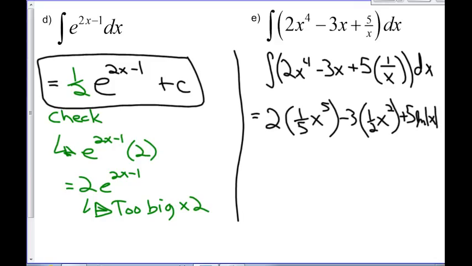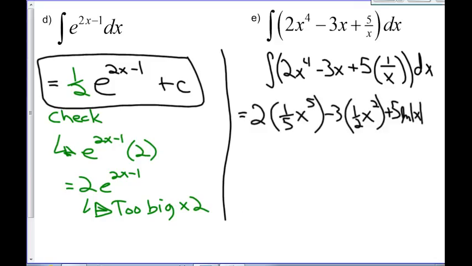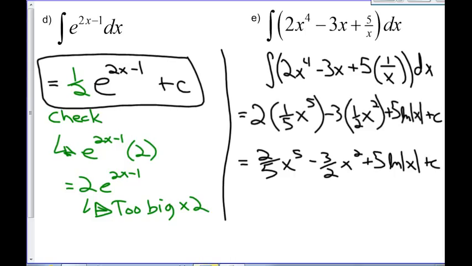And I also need to squeeze in a plus c. And through the magic of technology, we can. Okay, let's just figure out what that becomes. 2/5 x to the 5th minus 3 over 2 x squared plus 5 ln of the absolute value of x plus c. As per usual, we're going to check.